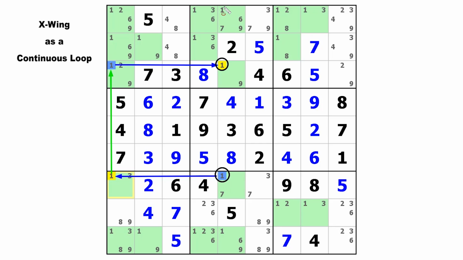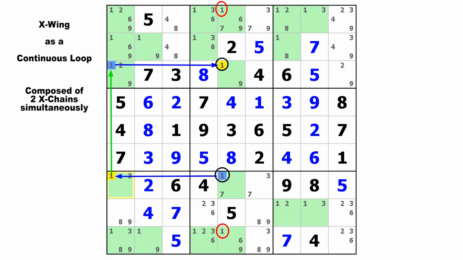Which further means we can eliminate these 2 candidate ones because they lie in the same house and can see both of the 2 endpoints. So now we have proven that by looking at this as 2 separate AICs, we can eliminate those same 5 candidate ones in columns 1 and 5 as we did with the X-wing.